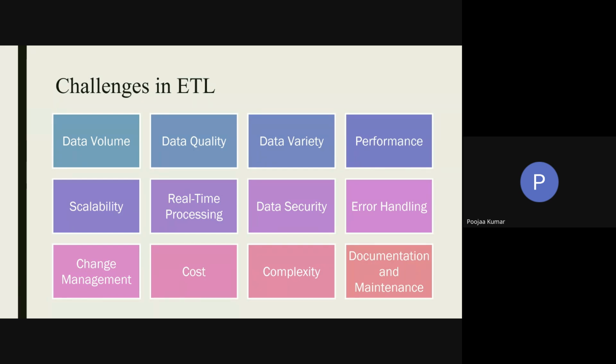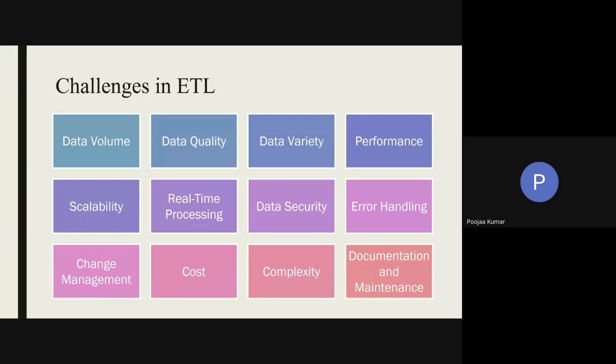Data volume, as I said, as the company grows, the data volume also will grow. The ETL pipeline they developed earlier will be stable for small volumes of data. When a bigger volume comes in, that pipeline may break. So that is one big challenge. Data quality, as I said, while data volume is increasing, we should also maintain data quality.